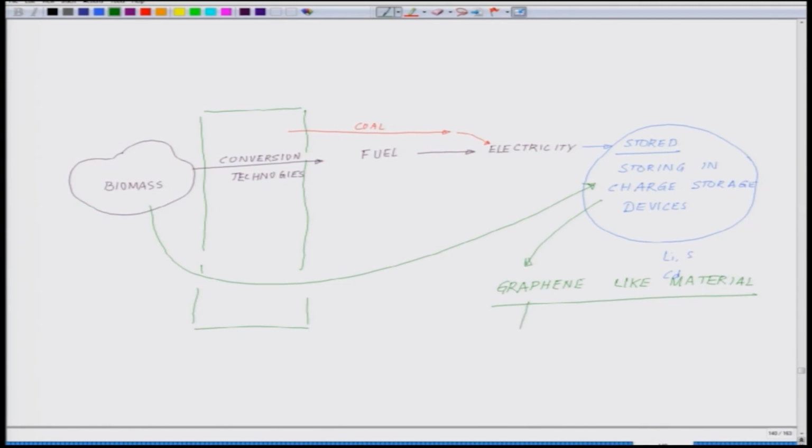And in one of the classes in the later half, we will have a video demonstration of how such graphenes, derived from biomass sources, could be made into a very good functional supercapacitor, in the advanced technology part.